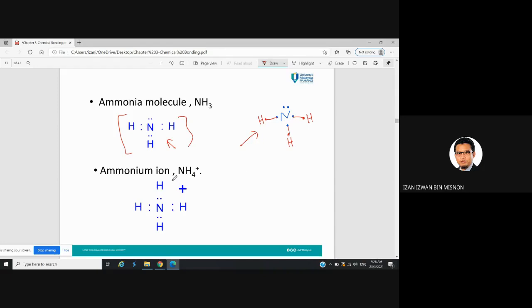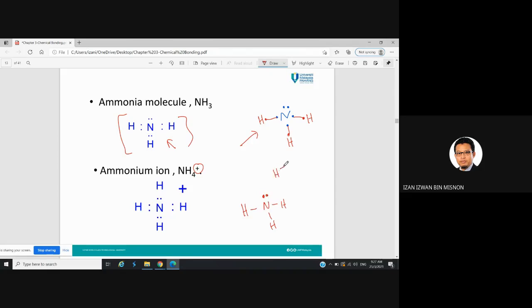Okay, so in the case of ammonium, for this case, we call it a covalent dative bond. So let's say we use the similar bonds that already took place in ammonia. There will be an additional 2 electrons in nitrogen.